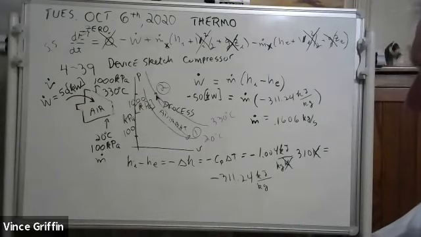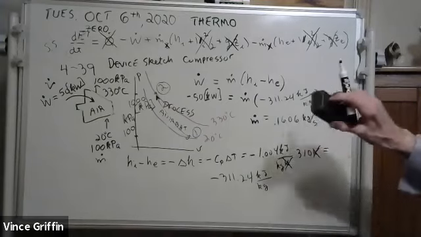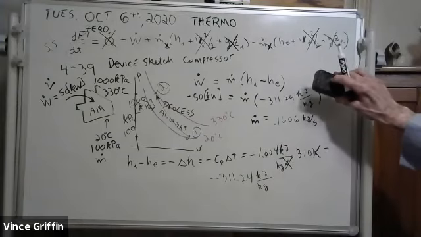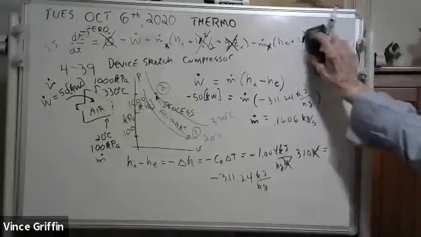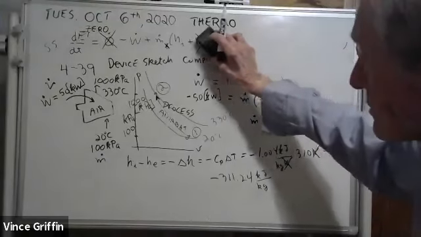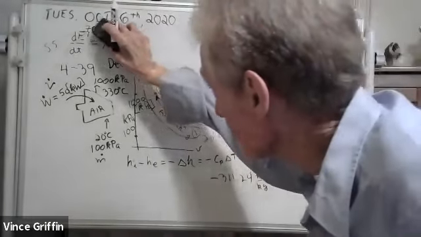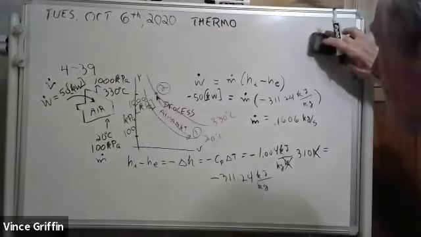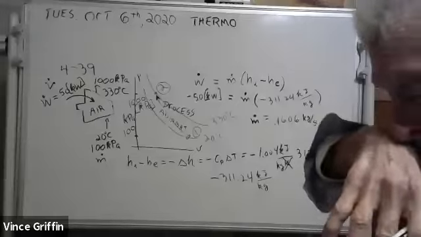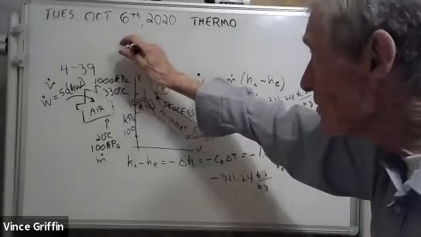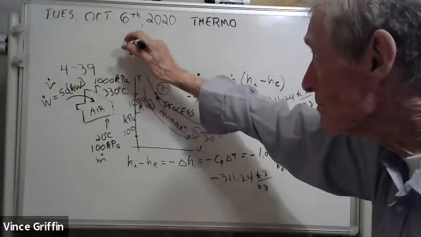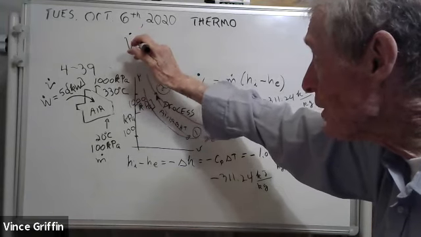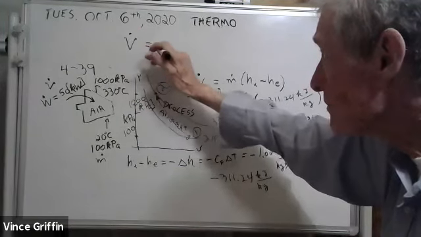Now they wanted, I need some room here. We're gonna have to sacrifice some stuff here so I can have some room to work. They wanted this V dot, the volume flow rate.